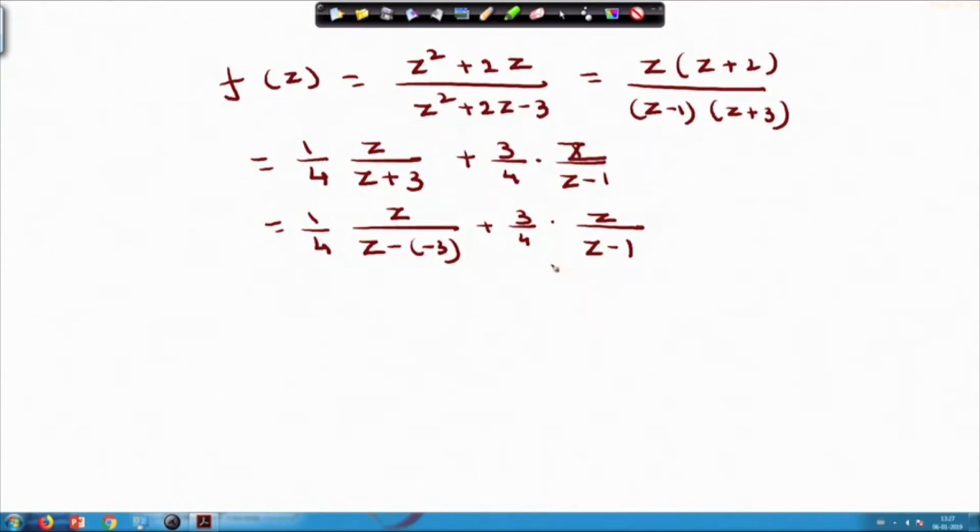So, F z I am getting this. Sorry, I have written it wrongly, this will be capital F z, please note this one, not small f z, capital F z, that is Z transform of F n.